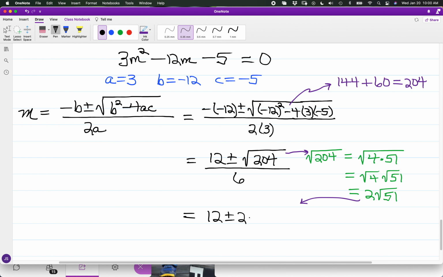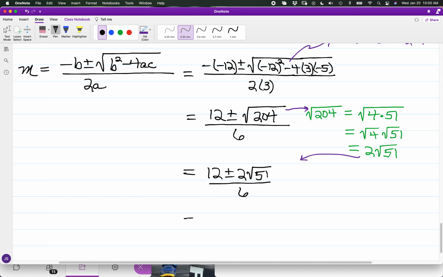Now if you notice, we have even valued leading coefficients, and there are sort of 2 pathways you can go regarding this. Now we can factor out 2 from this ratio. In other words, the denominator 6 is going to be 2 times 3. And for what we have in the numerator, if I factor out the 2, it will go into 12 6 times, and 2 will go into plus or minus 2 times the square root of 51, so you have the square root of 51.